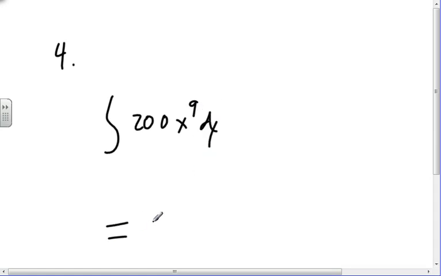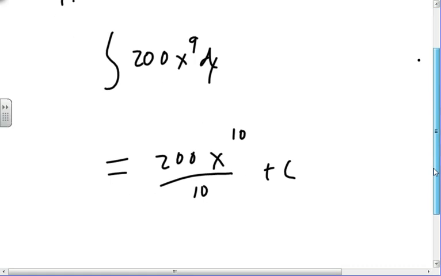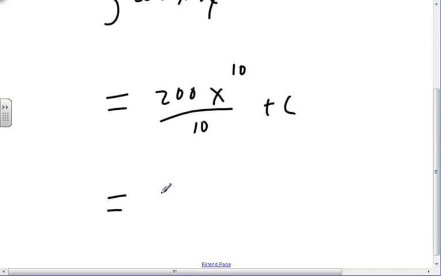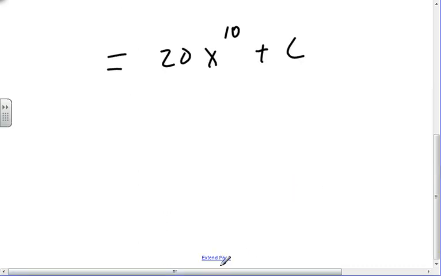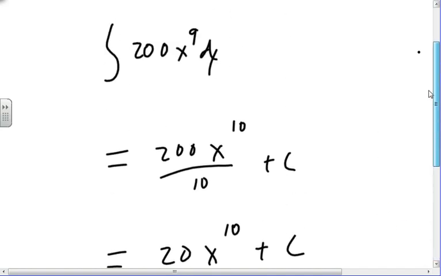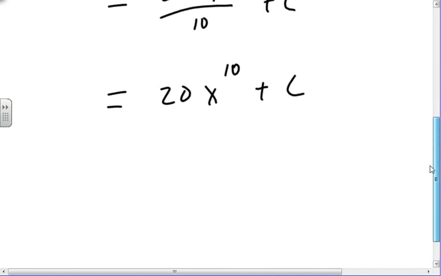So that's going to be 200 x to the 10th divided by 10 plus some constant c, and for my final answer I'd say it's 20 x to the 10th plus some constant of integration c. I could check my work by taking the derivative of that. I get 200 x to the 9th, and the constant goes away, and that is the problem I had.